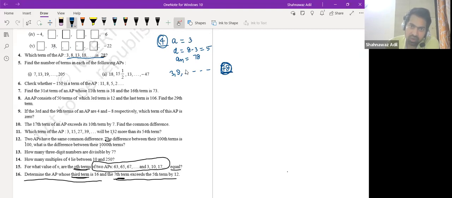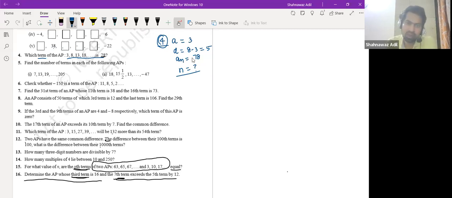So these are the arithmetic progression, and in this progression we have a term like this. Then which term? So which means that we have to find out n, right? This is one of the terms, 78, and from that we have to calculate.